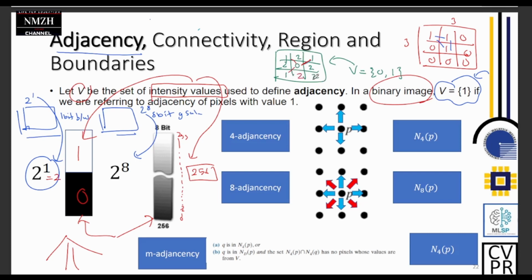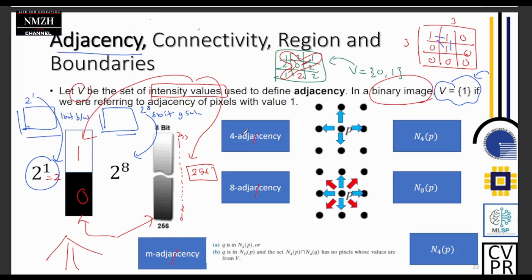Let's say we put a 2 here. So we have 3 kinds of adjacency for V equals 0 and 1, while for V equals 1 we have only 3 connections. In order to say that this is 4 adjacency, 8 adjacency or m adjacency, it reflects how the pixels are connected.